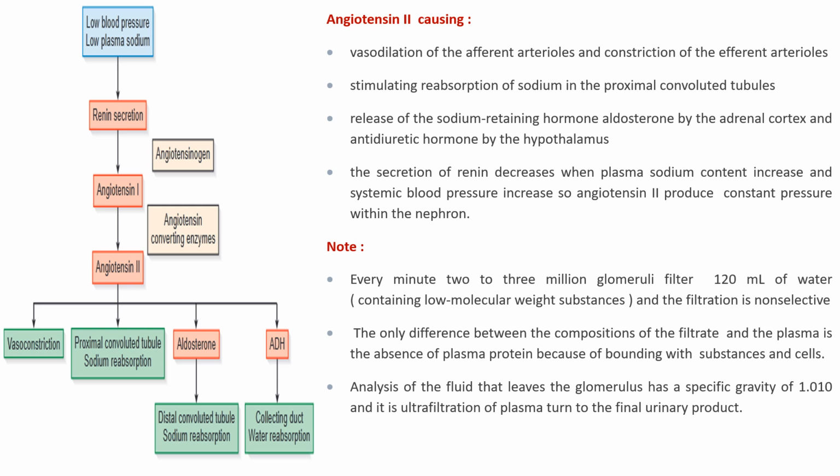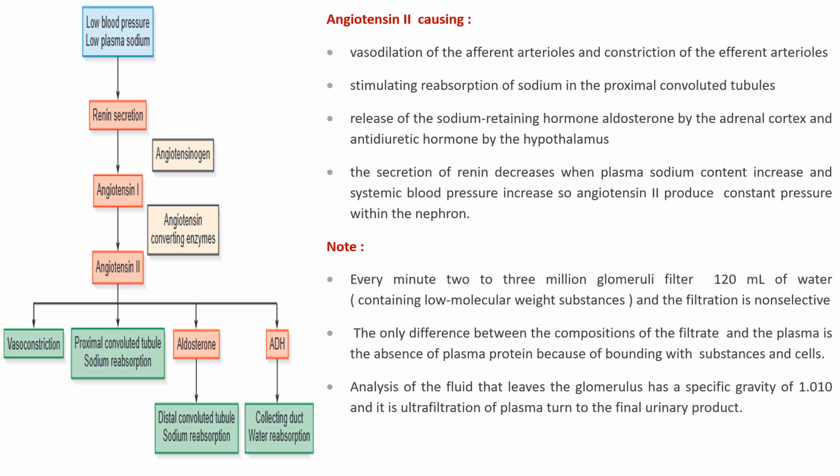When the renin is released, it reacts with angiotensinogen, converting it to angiotensin 1. Angiotensin 1 goes to the lung and is activated by angiotensin converting enzyme to the active form, angiotensin 2.